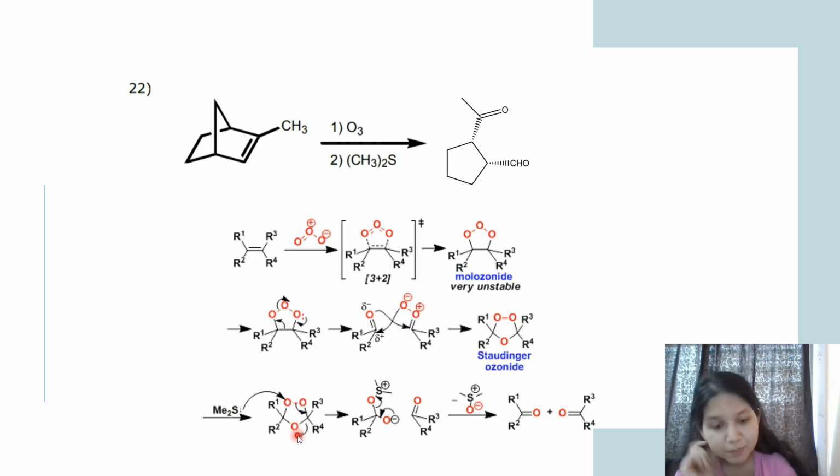Okay, so electron pairs will move in such a fashion which will lead to the formation of two more species in the next step. Look closely. Sulfur is donating its electron pair, so it will be positively charged.